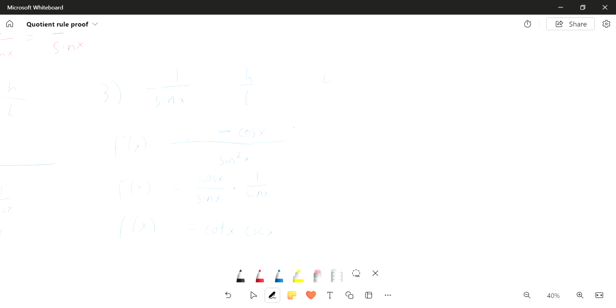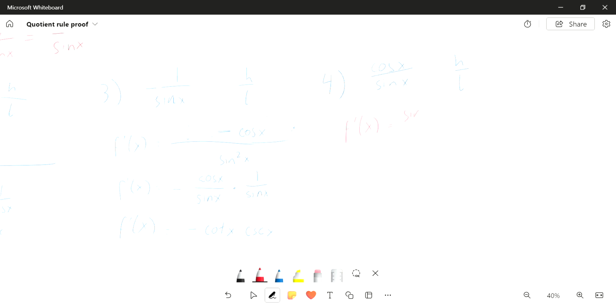And now for the last one. So cotangent is just cosine x over sine x, where cosine x is our high and sine x is our low. So the derivative for this is low d high minus high d low all over low squared.